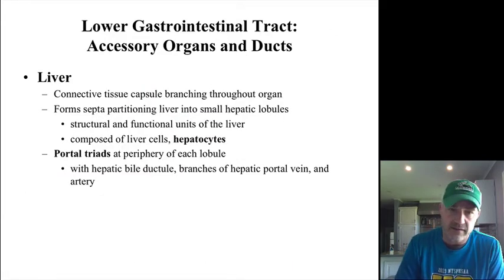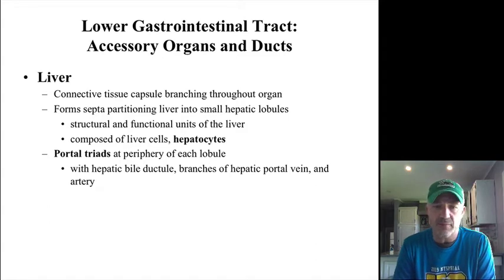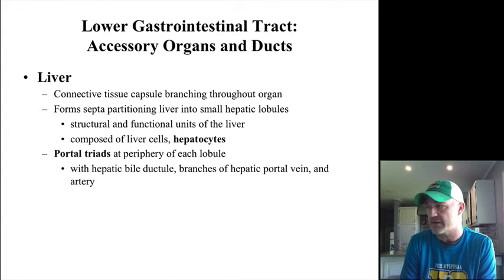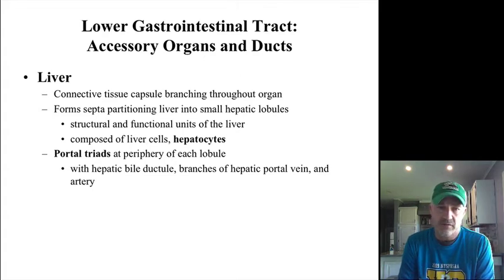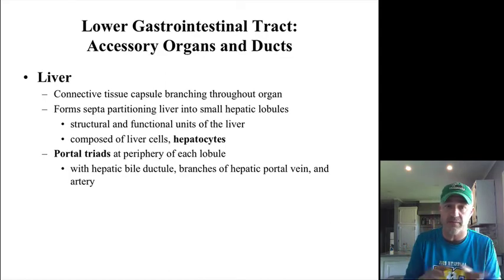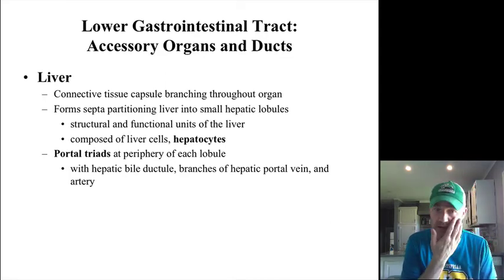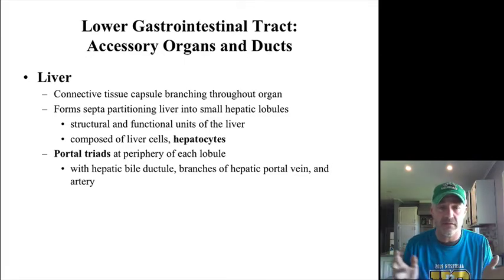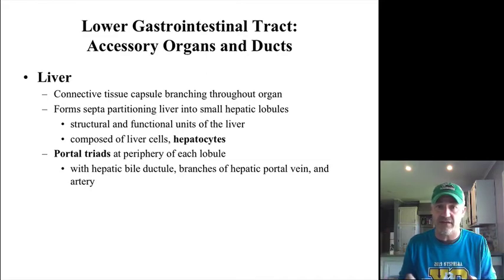So it is separated into a lot of different lobules, and really what the liver ends up doing is it is a filtering organ, similar to the kidneys and the spleen. It is going to be composed of a bunch of these little separate lobules that have a large capillary network within them, and really all the blood that's coming back from the digestive tract is going to have a first pass through the liver.